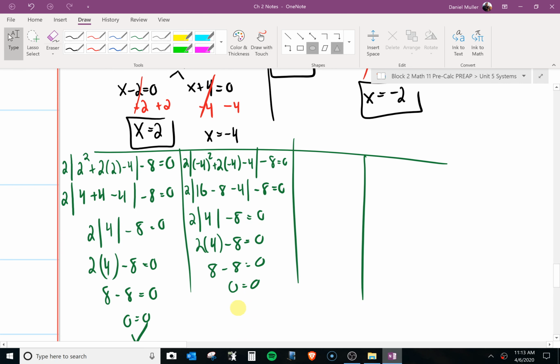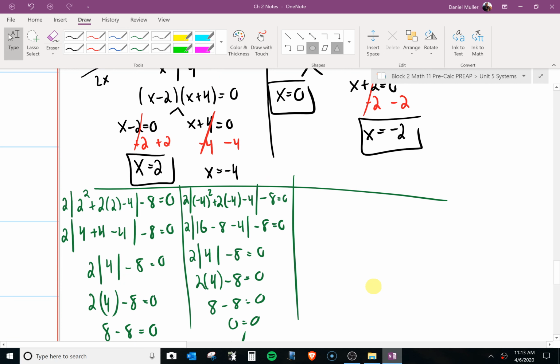So that works. Next one is if x is 0. So you got 2. The absolute value of x squared in this case would be 0 squared, plus 2 times x, 2 times 0, minus 4 in the absolutes, minus 8 equals 0. So x squared plus 2x minus 4, yep.